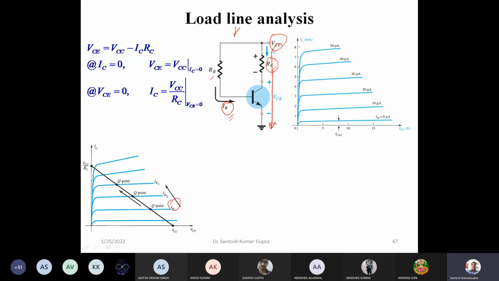If we write the KVL equation for this, it results in a line-like equation, which can be rewritten as here. If we plot this line by calculating the values of VCE and IC corresponding to IC equal to 0 and VCE equal to 0 respectively, we get this particular line, and this is the line which we call the load line.